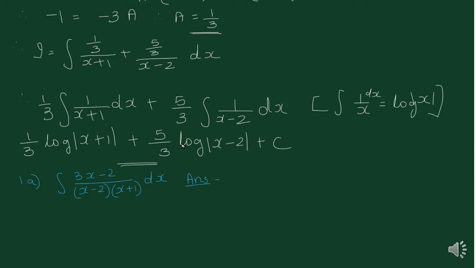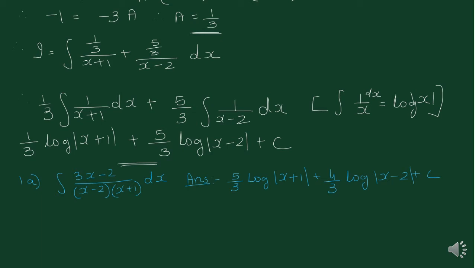The answer is actually 5 upon 3 log (x + 1) plus 4 upon 3 log (x - 2) plus c. So you can compare it and try the sum out as assignment.